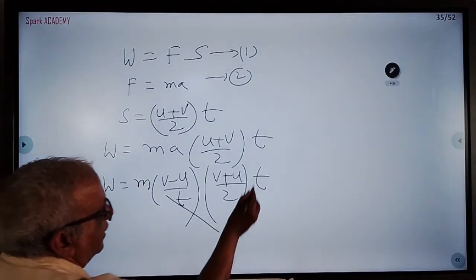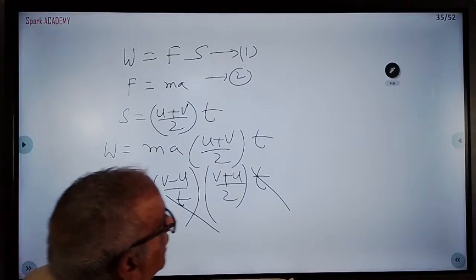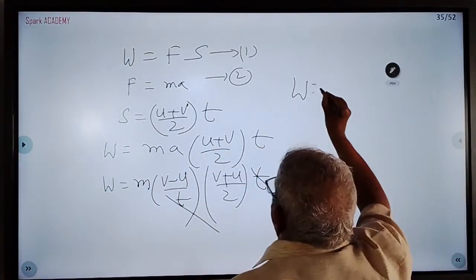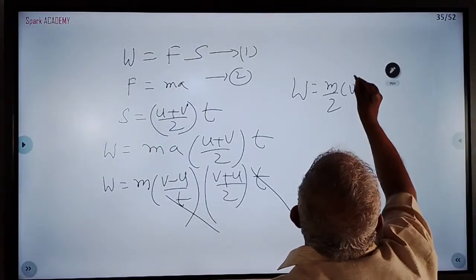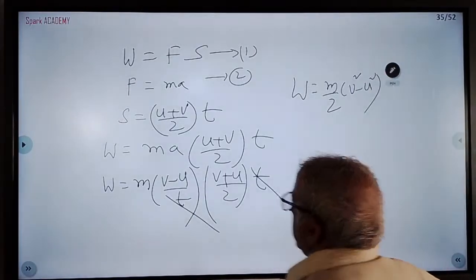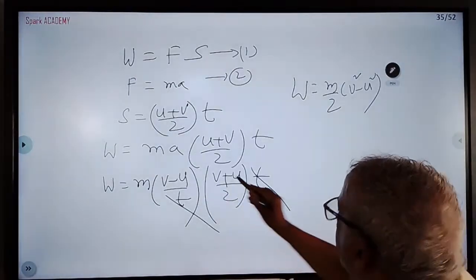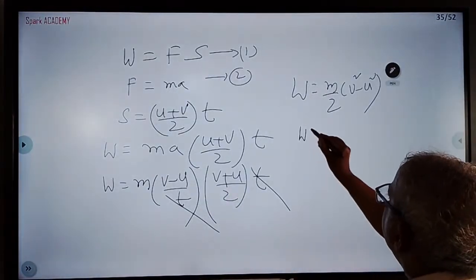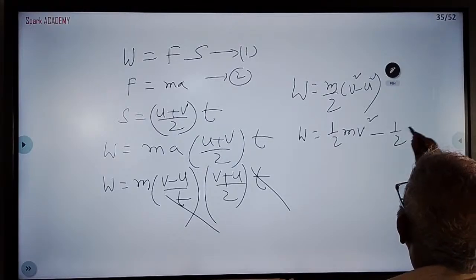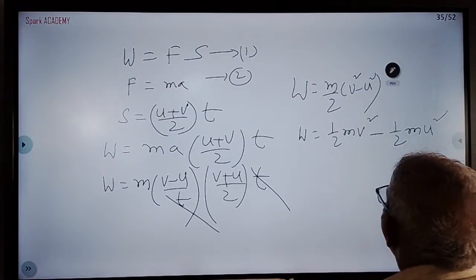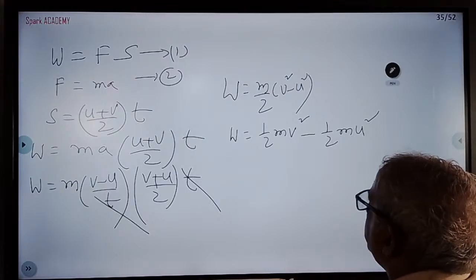t gets cancelled here. So the work done you are going to get is m/2 into (v square minus u square), using a square minus b square equals (a minus b)(a plus b). This can be written as half mv square minus half mu square. Work done is half mv square minus half mu square.